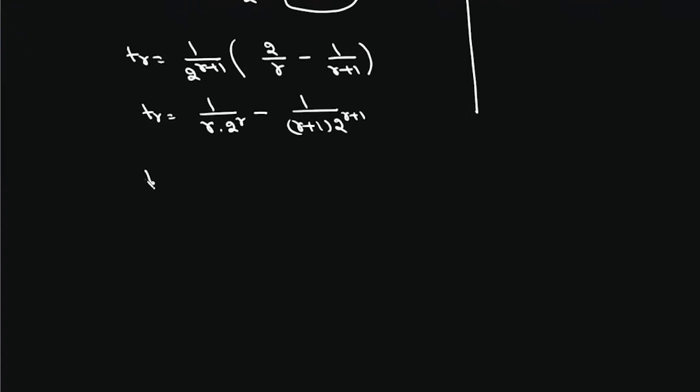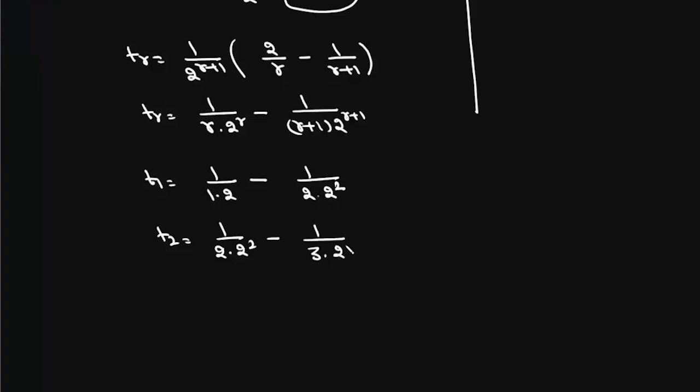We'll get t1, and it will be simply 1 into 2, and minus, here it will be 2 into 2 square. Second term will be 2 into 2 square minus 3 into 2 cube, and we'll continue up to the nth term, which is 1 by n 2 to the power n minus 1 upon (n plus 1) 2 to the power of (n plus 1).